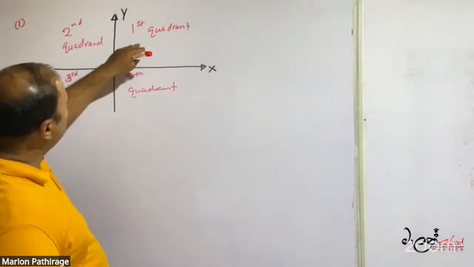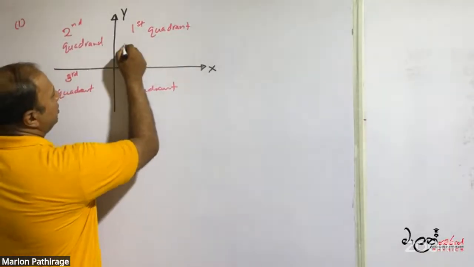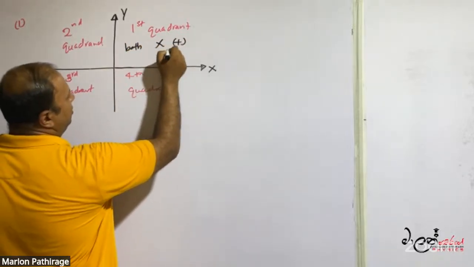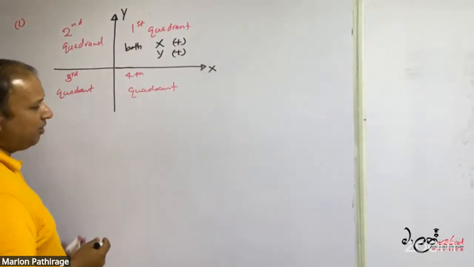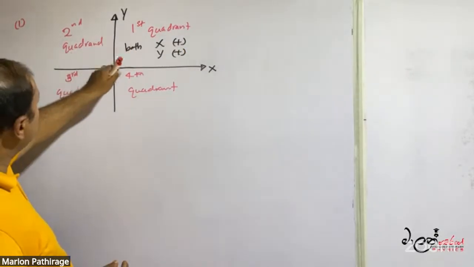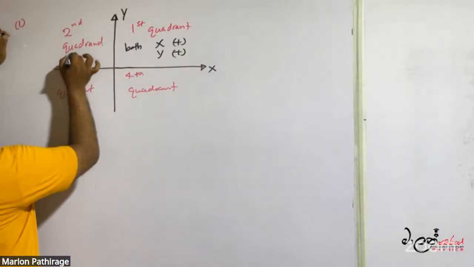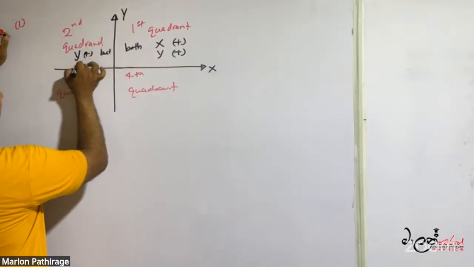If we consider the first quadrant, it is very clear both x and y are positive. If we consider the second one, y is positive but x is negative.